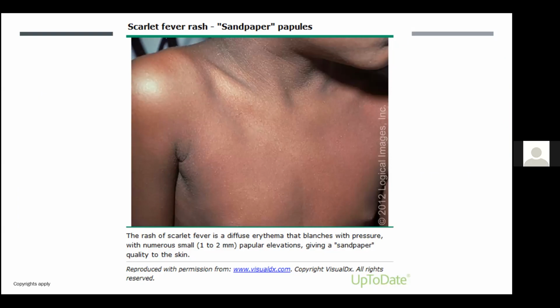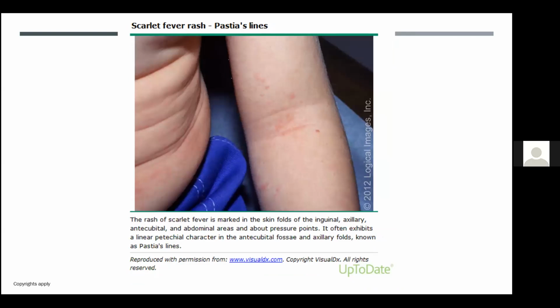The rash is most marked in the skin folds, so the inguinal, axillary, and cubital areas, and around pressure points. You often get these classic linear petechial reactions in the skin folds, and this is called Pastia's lines. You need to treat scarlet fever with penicillin, also to prevent rheumatic fever.